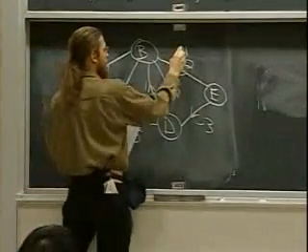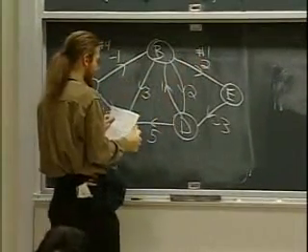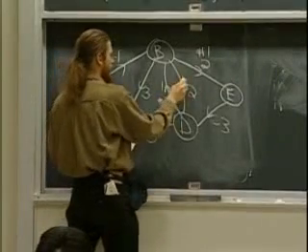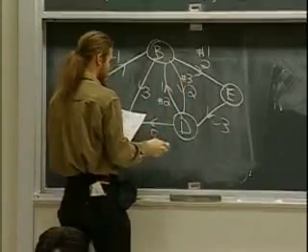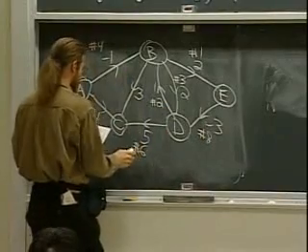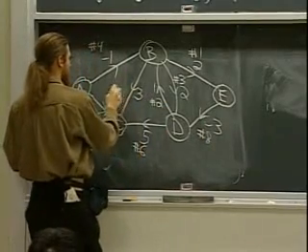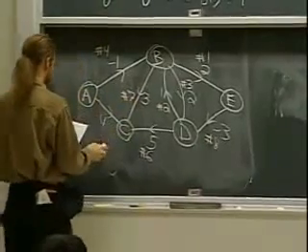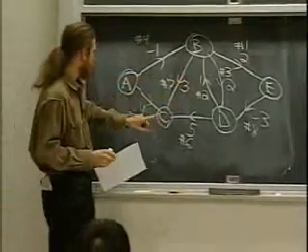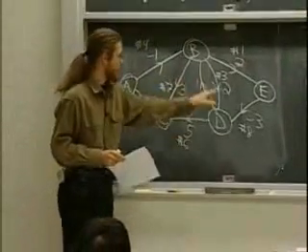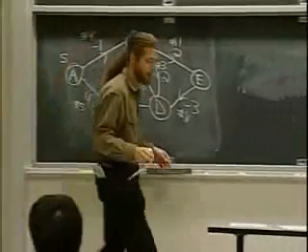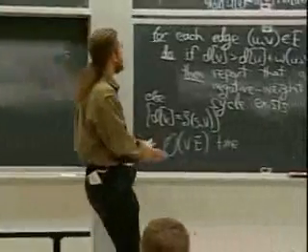It doesn't matter, but it will affect what happens during the algorithm for a particular graph. 1, 2, 3, 4, 5, 6, 7, 8. And my source is going to be A. And that's it. So I want to run this algorithm.